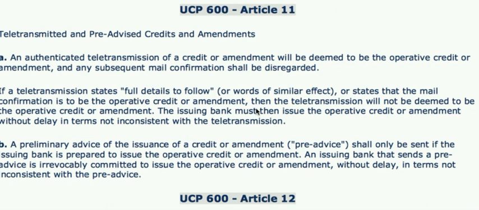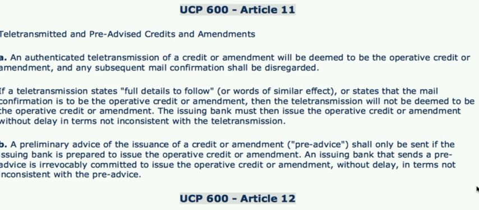Article 11 of UCP 600 talks about tele-transmitted and pre-advised credits and amendments. The crux of the matter is that it should be transmitted only through authenticated transmission methods. Any subsequent mail not sent through authenticated transmission will be disregarded.